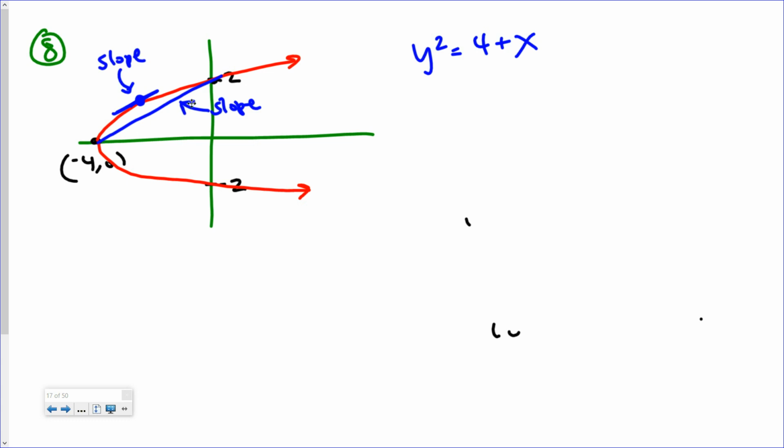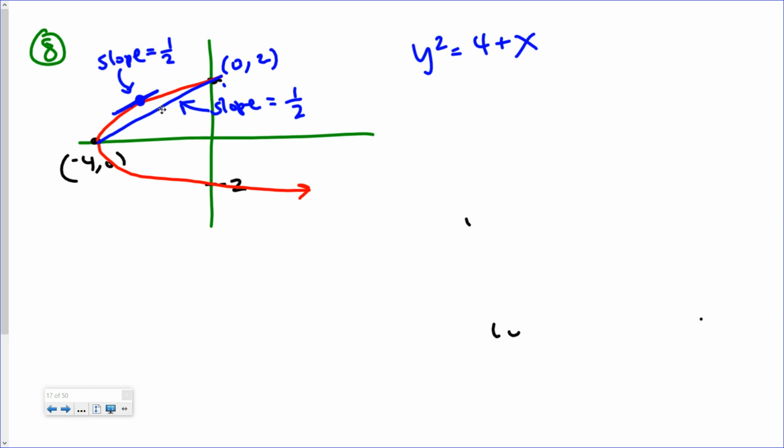Can you calculate that for me? Remember, this point is (0, 2). This point is (-4, 0). Can you tell me the slope of that chord? 1/2. Is it 1/2? Okay, if this slope is 1/2, then what's this slope? 1/2.